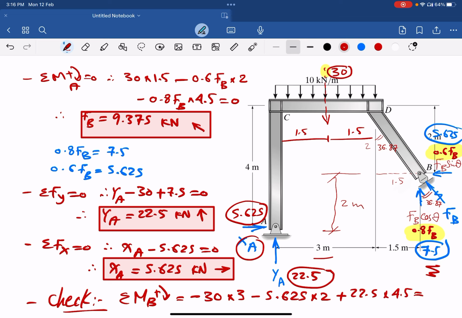If it is 0, our solution is correct; if not, there is something wrong. So minus 30 times 3 minus 5.625 times 2 plus 22.5 times 4.5 equals 0, so our solution is correct.